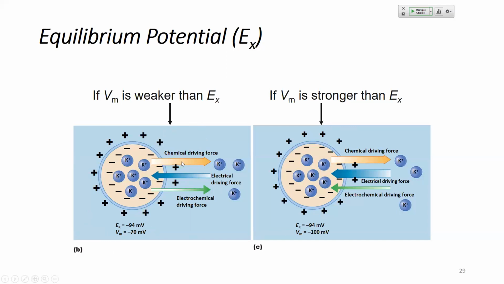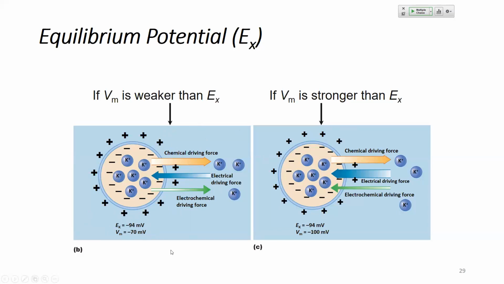Okay, and if we subtract the electrical driving force from the chemical driving force, we'll get the magnitude of the electrochemical driving force, and we know that it will be in the direction of the chemical driving force simply because the equilibrium potential is greater.